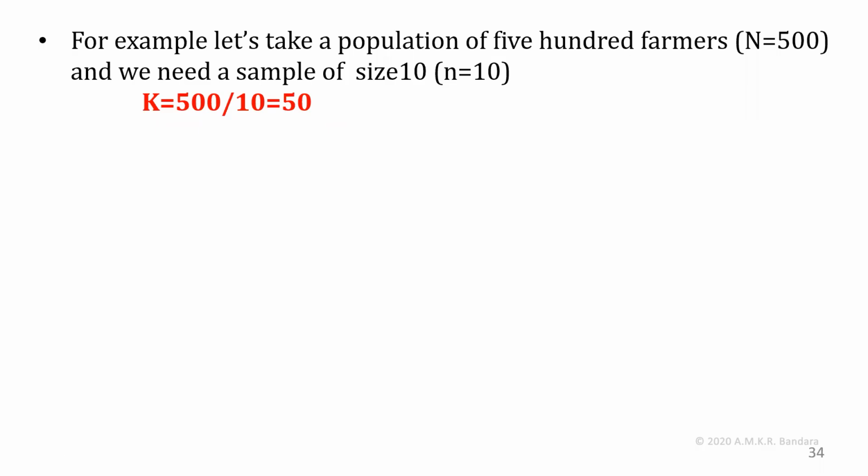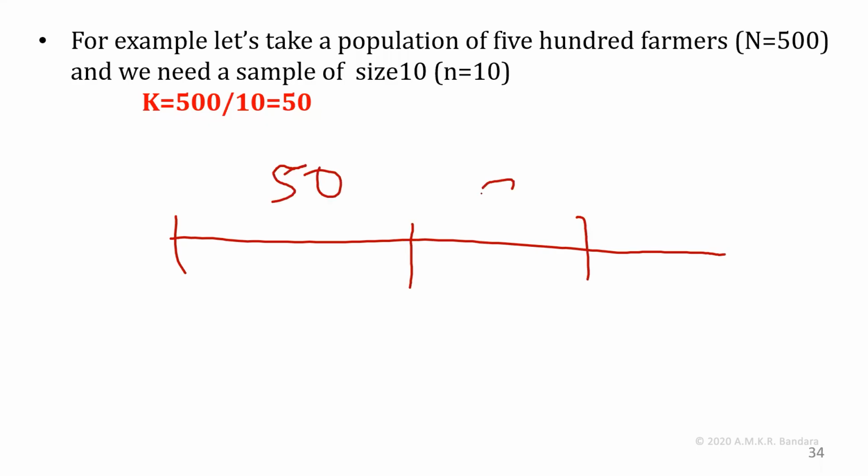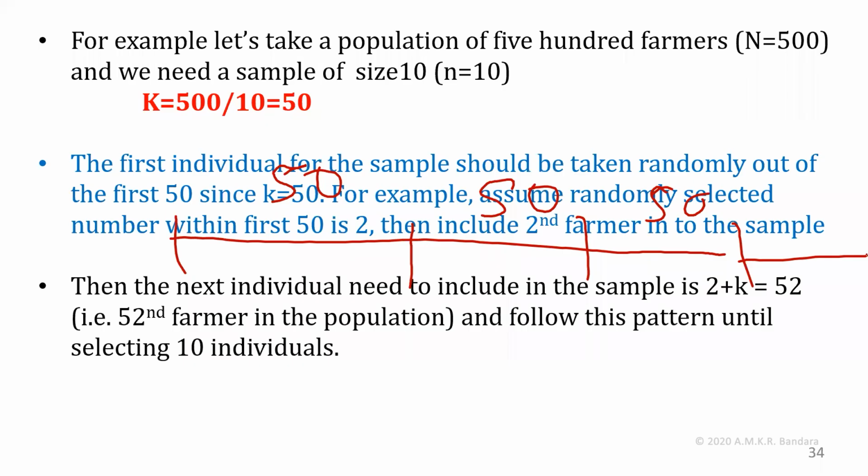So you divide your population into 10 groups where each group will include 50 individuals. So within the first 50 individuals, you can select one individual randomly. Assume the selected individual bears number 2.